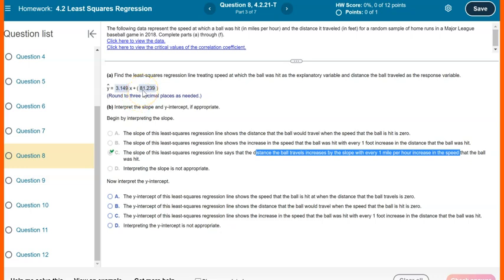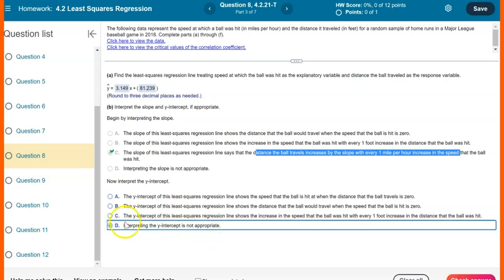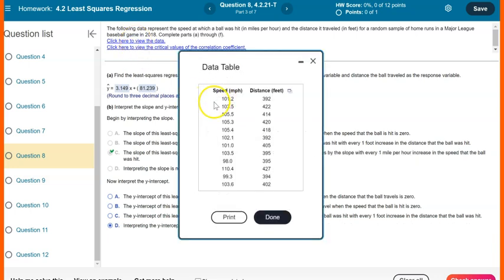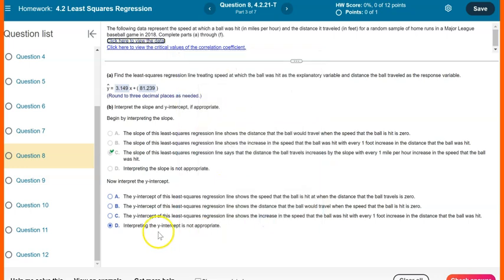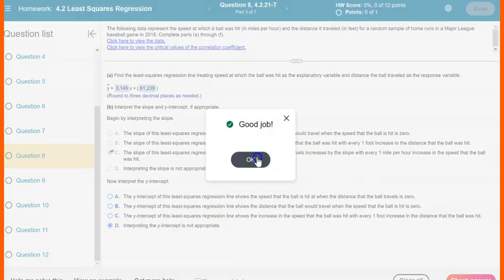But since 0 cannot be the speed of the ball, we cannot expect the ball to travel if you throw the ball with 0 speed, right? So in this case, interpreting the y-intercept is not appropriate, because if you look at this data table, 0 cannot be on this value here. In other words, we say 0 is outside the scope of the model. Therefore, it is not appropriate to interpret the y-intercept. Okay, and you check the answer, you're going to be right.